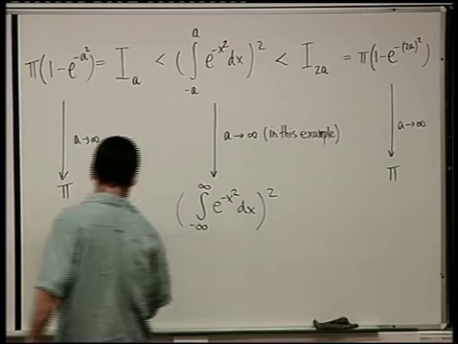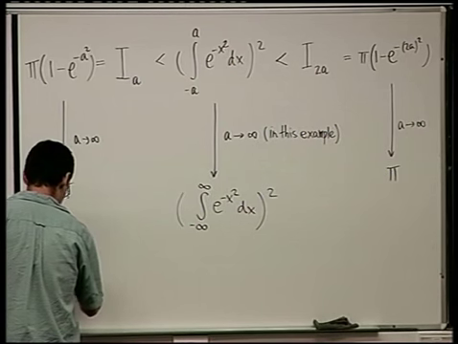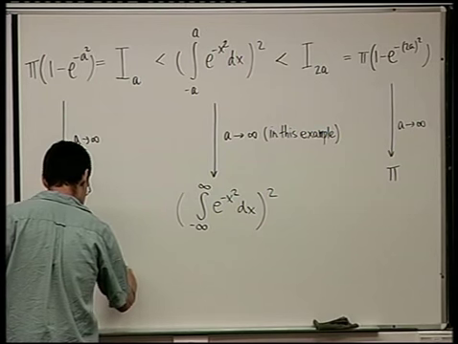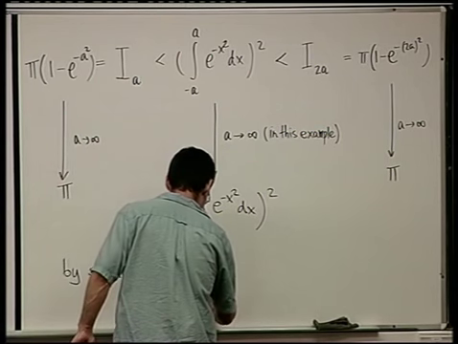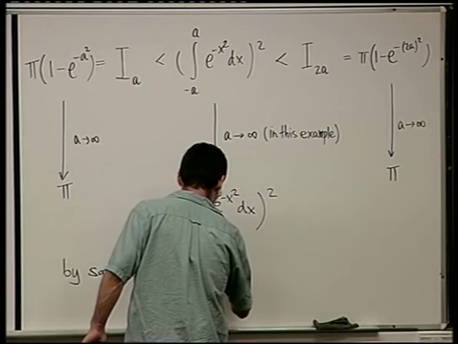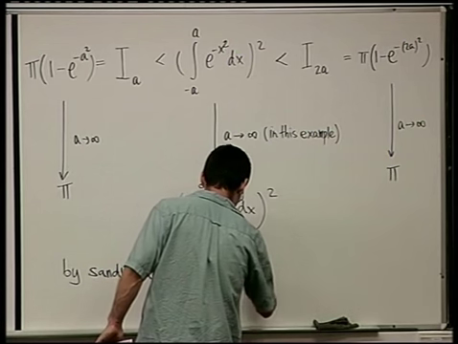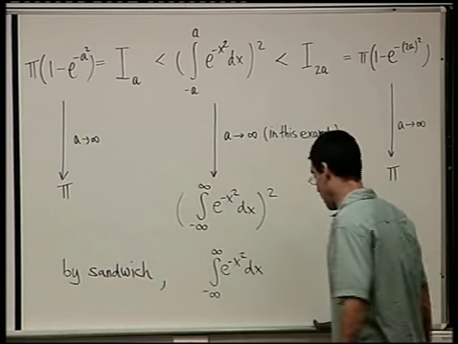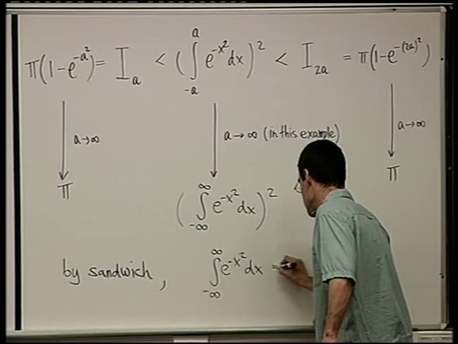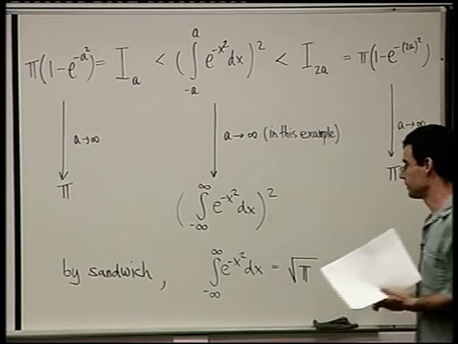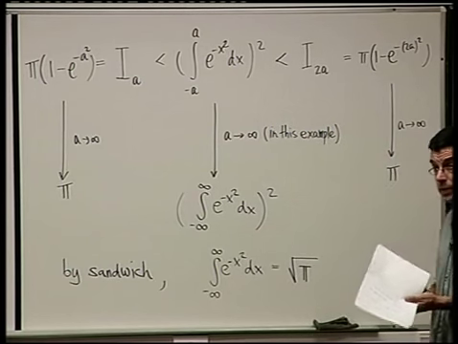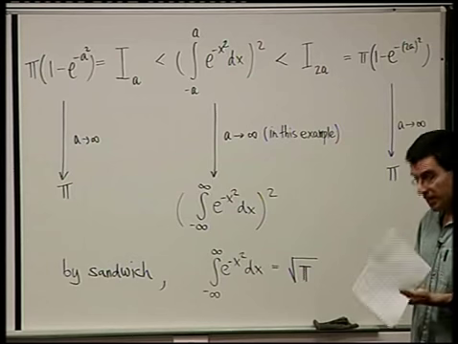So let's write, by sandwich, e to the minus x squared integrated over R from minus infinity to infinity equals the root of pi. Good? So I think it's a cool example.